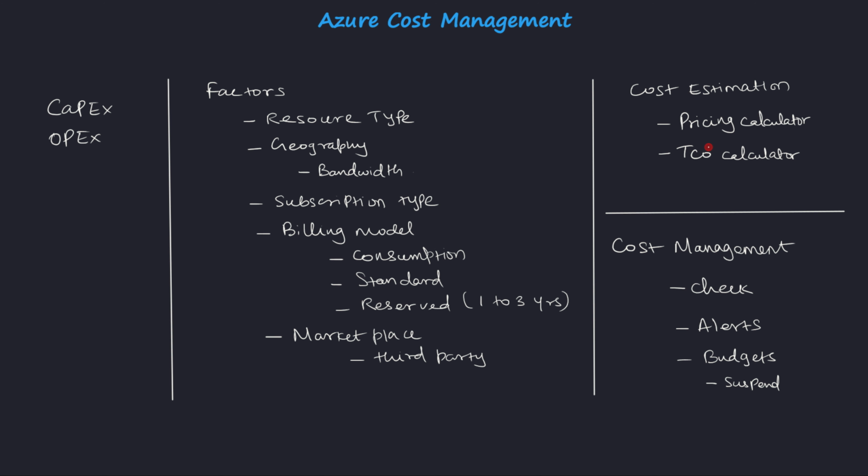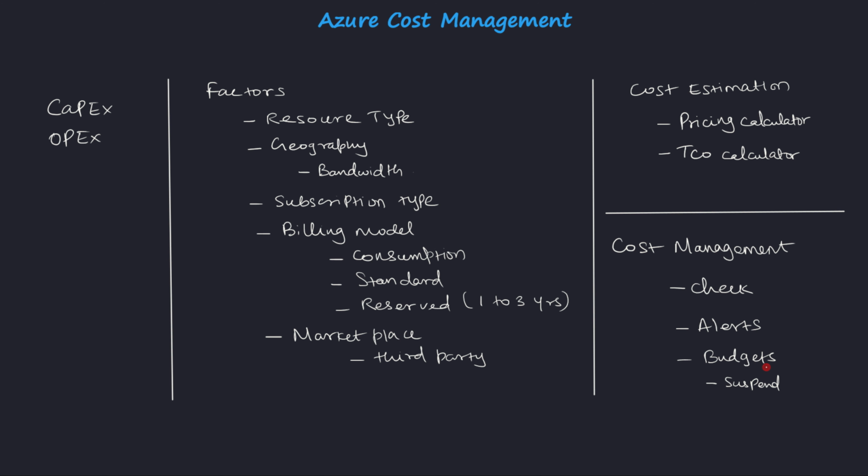Okay, now with the pricing calculator and total cost of ownership calculator, we'll be able to estimate the cost, right? Now, how do we keep an eye on the actual cost incurred by our solution? Okay, so for that, within Azure, we have a blade called cost management. And if you go into that blade, you'll be able to check the current cost of the resources that you are using. And in there, you'll also be able to create alerts based on cost.